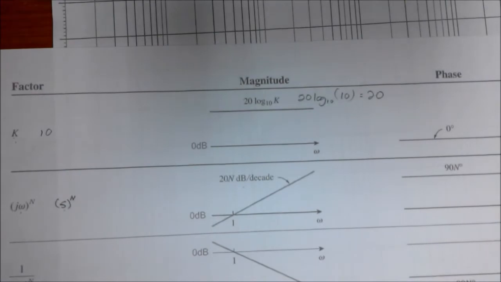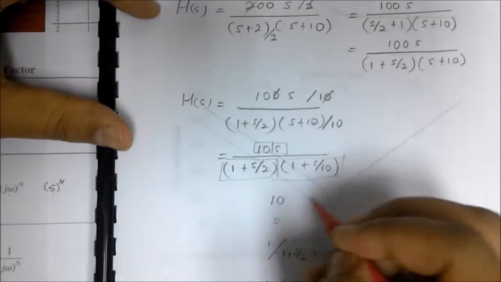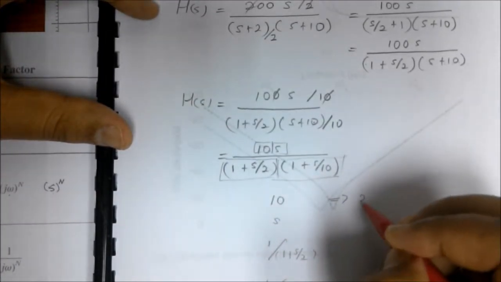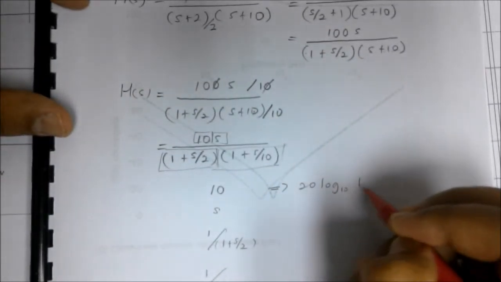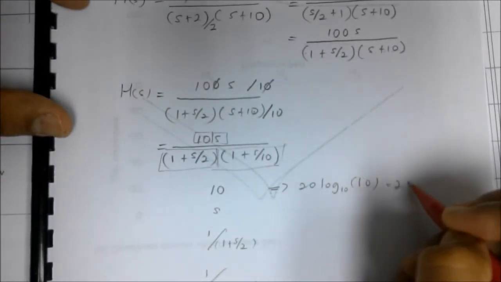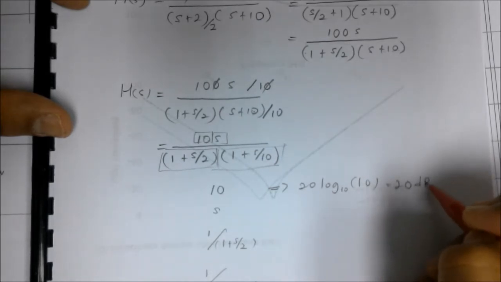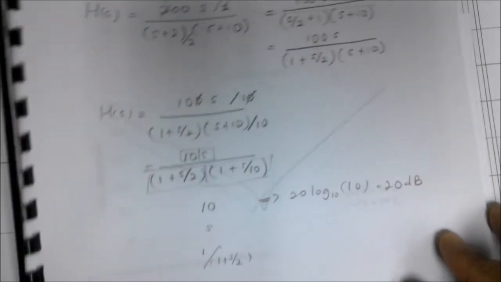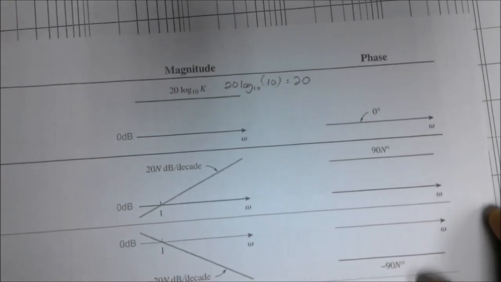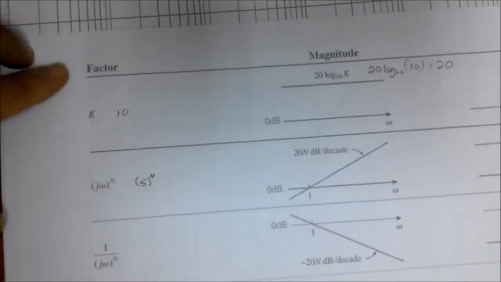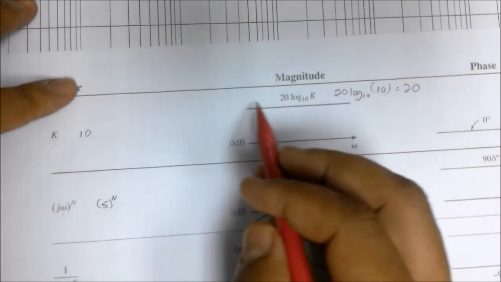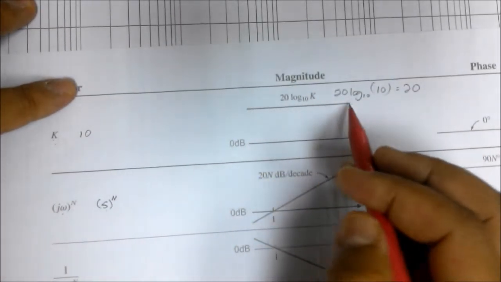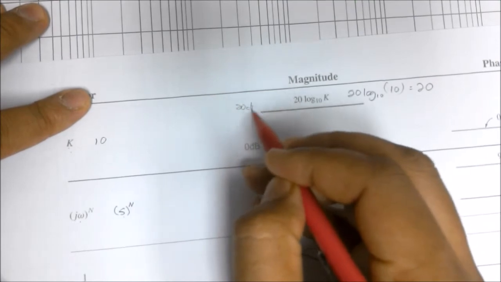So here 20 log 10 of 10 is 20 decibels. That's the magnitude, right? Because factor k is 10, for the magnitude plot we will have a straight line at 20 dB.